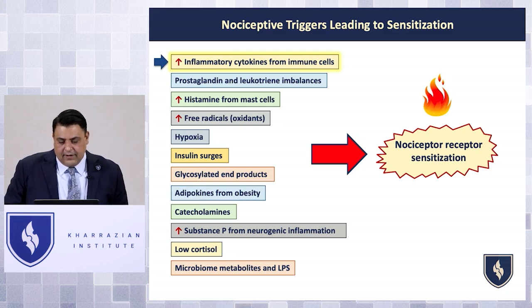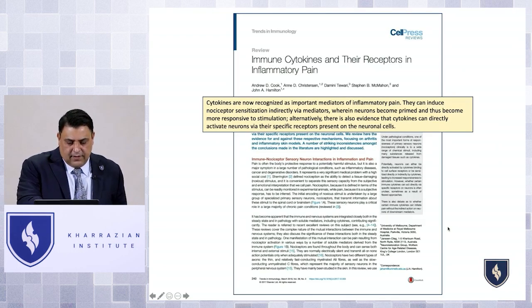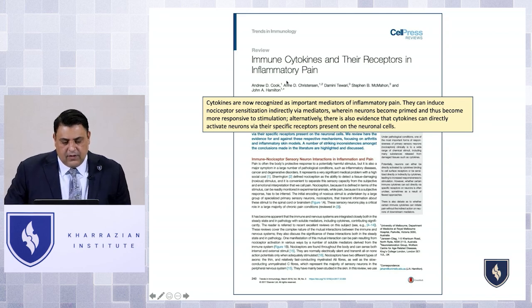So, inflammatory cytokines from immune cells. Just remember, all your immune cells, macrophages, monocytes, T cells, B cells, they're all going to release these cytokines, right? And this is a paper that is great to read, called Immunocytokines and the Receptors in Inflammatory Pain. But they go on to show that cytokines are now recognized as important mediators of inflammatory pain.